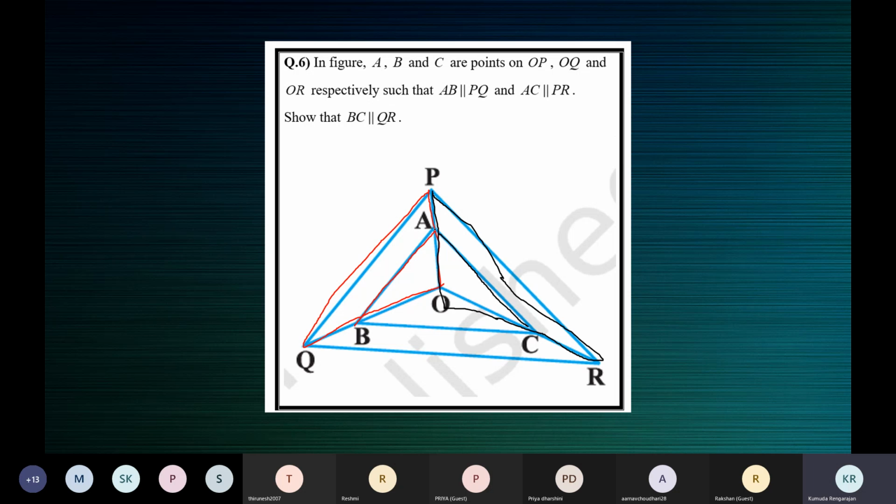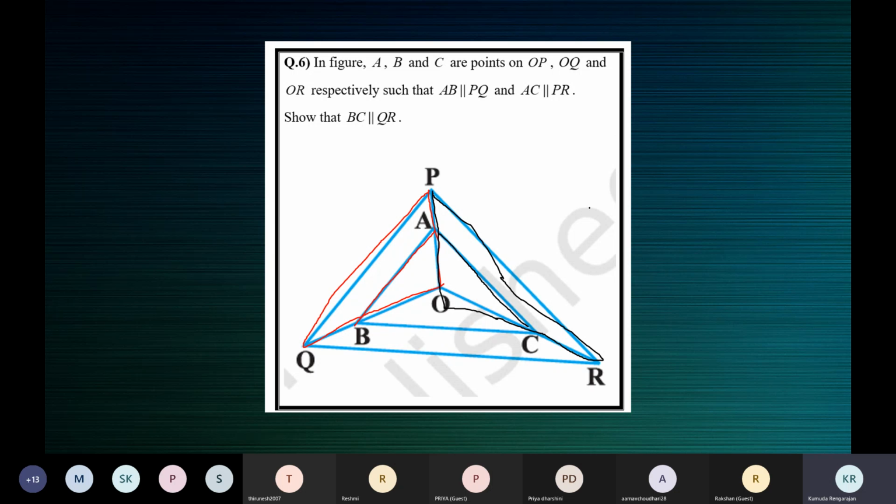AB parallel to PQ, we took the triangle OPQ; there's no choice. And to apply the information AC parallel to PR, we have to take OPR. So OP is the side common to both the triangles, so the ratio OA by AP will happen in both.